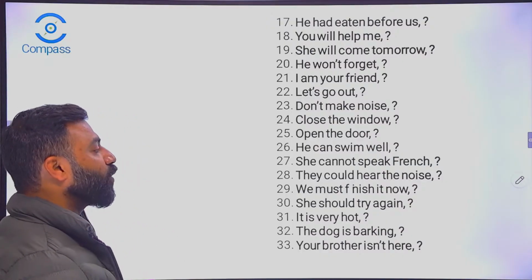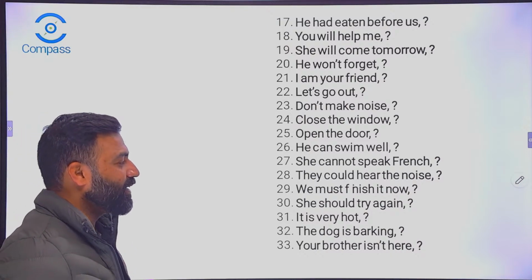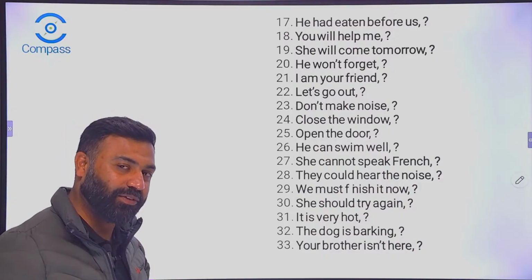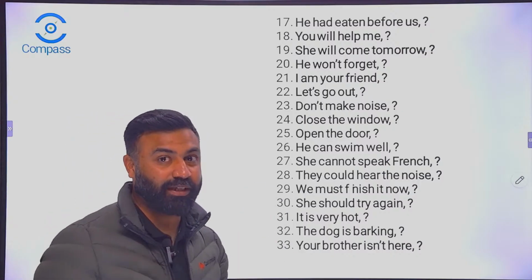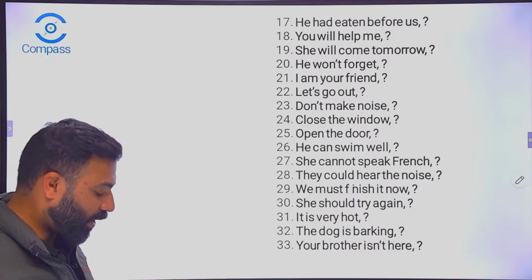28th. They could hear the noise. Okay. Now, this is something that we have not done yet, right? We have not answered any of the questions like 28th, but you can give it a try. They could hear the noise. Come on, try.